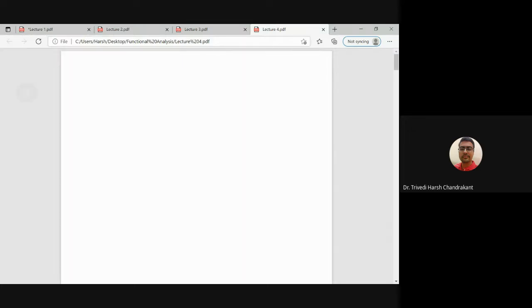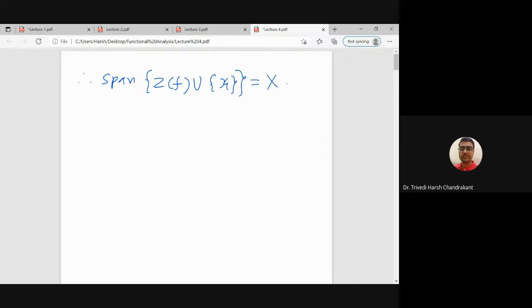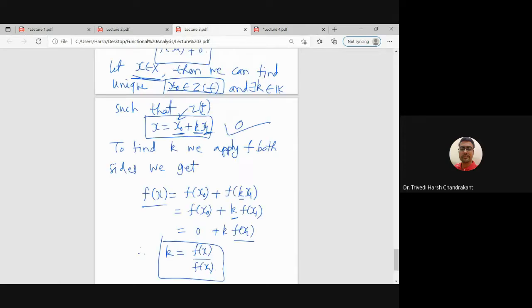It gives that the span of the kernel of F union x1 is the entire space. Basically, what we proved is that this covers all the elements of X.